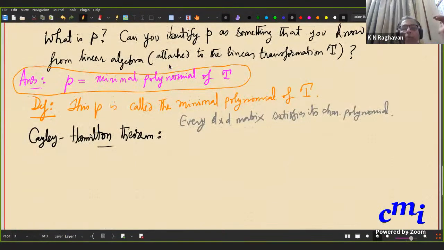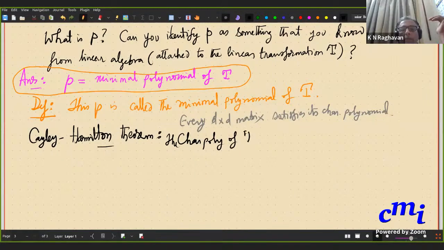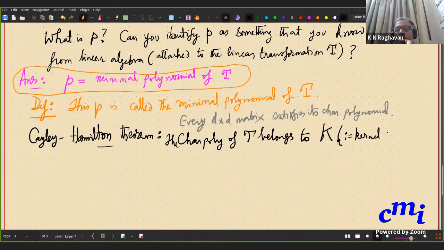Okay, let me tell you. In our language, it is saying that the characteristic polynomial of T belongs to the kernel K. This was by definition the kernel from K[T] to End(V), where T acts like the matrix with respect to some basis.